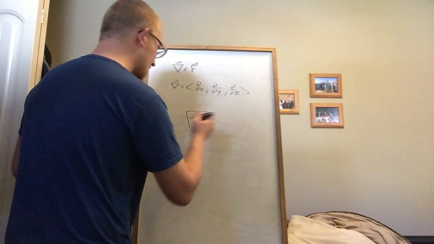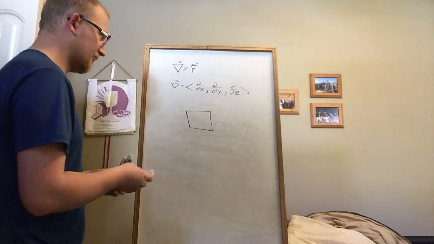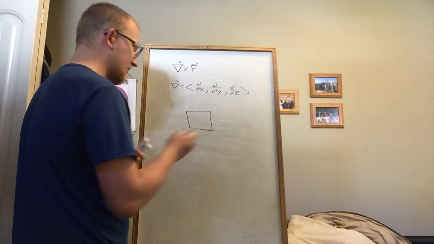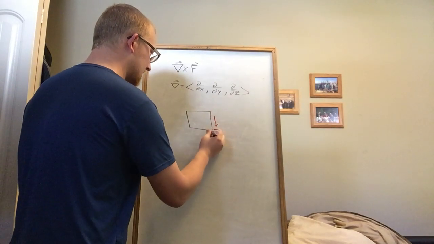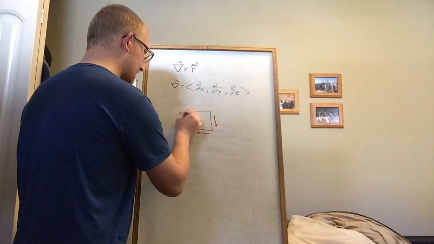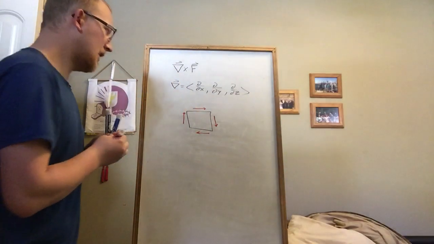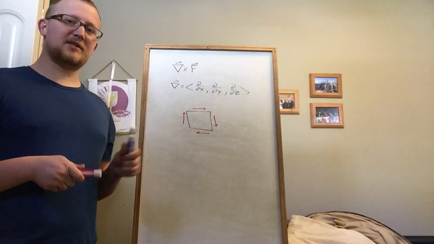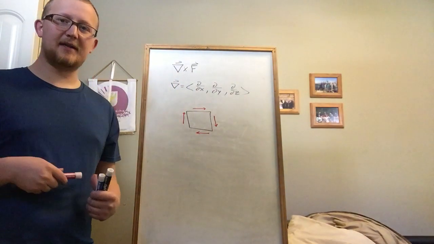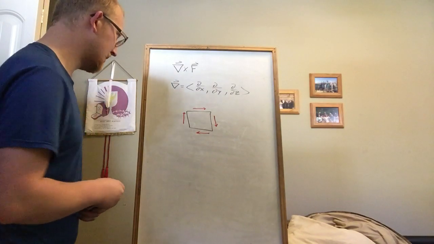Well, with curl, we're a lot more interested in field lines that are parallel to our surface. So in other words, curl is going to measure the amount of spin that's being put on some location.